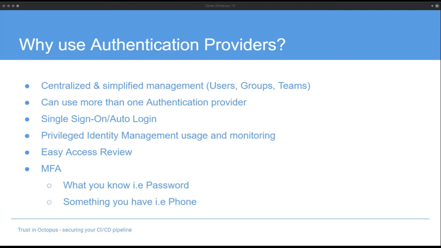You may have the same password, you may not, but generally you have to go through 17 different systems and change all the details just to be sure. With the authentication provider, you have that single source of truth for authentication, and that could be users, groups, etc. Also, with Octopus, you can use more than one authentication provider.